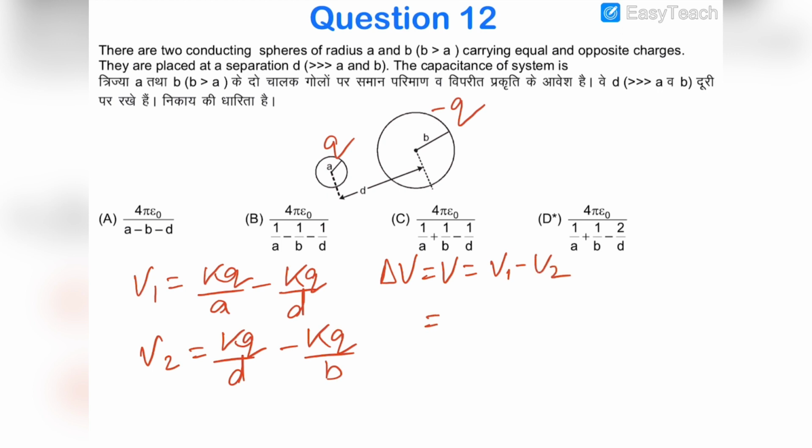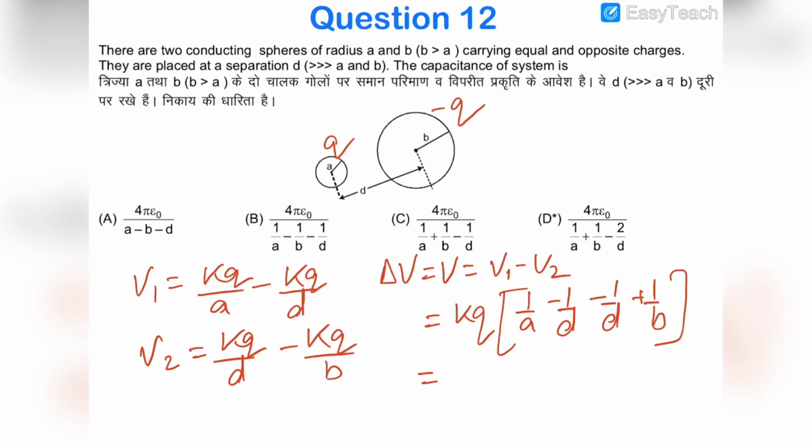So V1 minus V2 would be KQ common, and this is 1 by A minus 1 by D minus 1 by D plus 1 by B. So this is Q upon 4 pi epsilon naught into 1 by A plus 1 by B minus 2 by D.